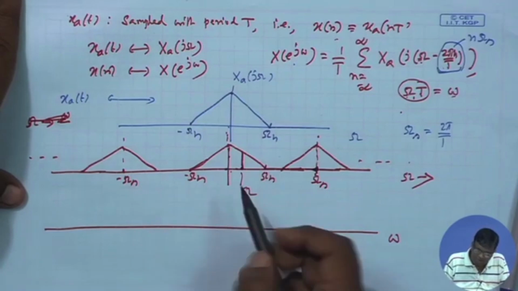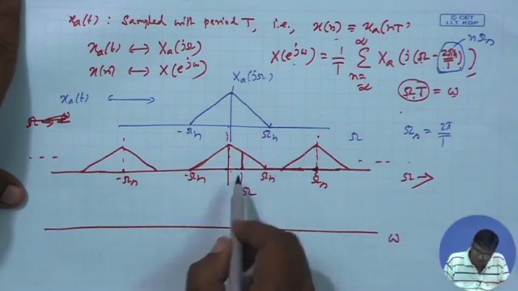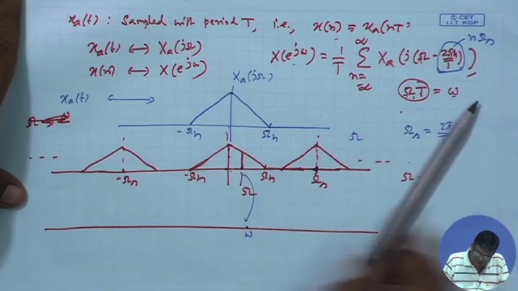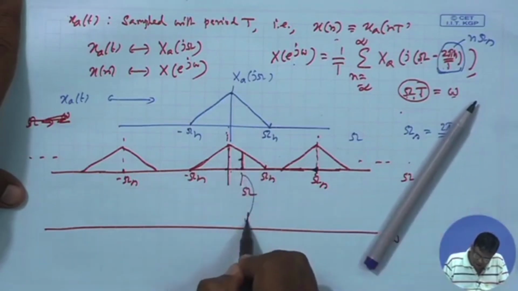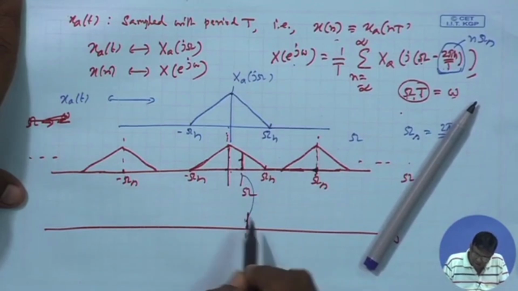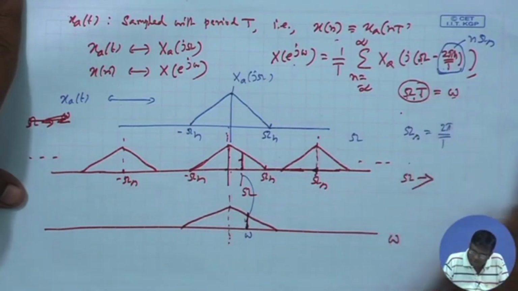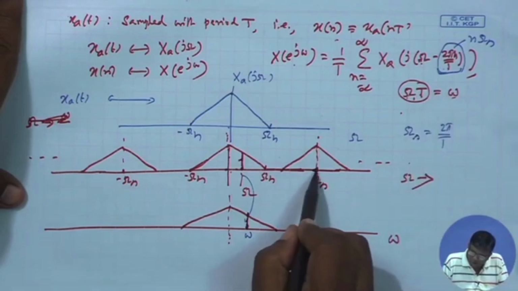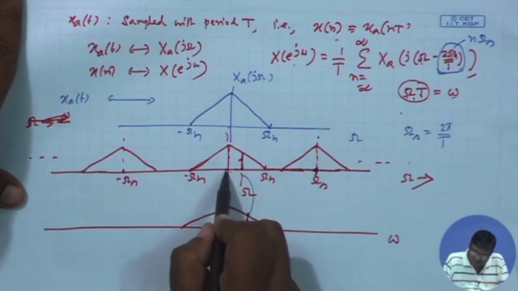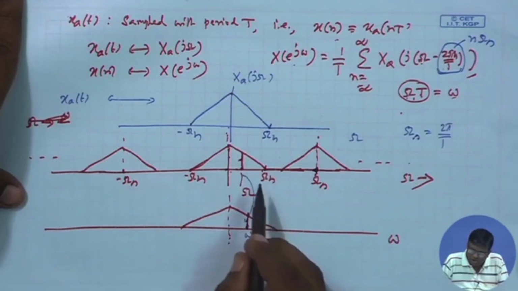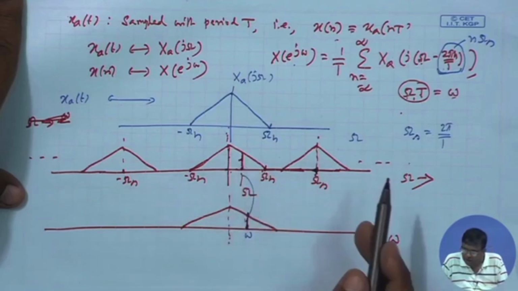All right. So, if this corresponds to small omega, the same height, this same guy will move here. Likewise, all points. If you have got capital omega h where this is 0, what is the corresponding small omega?